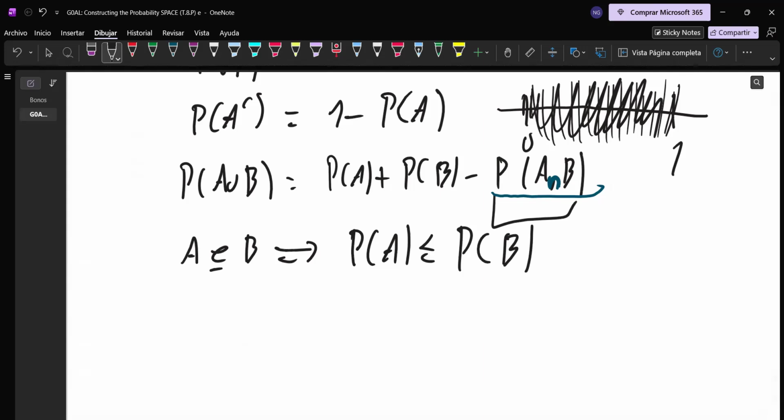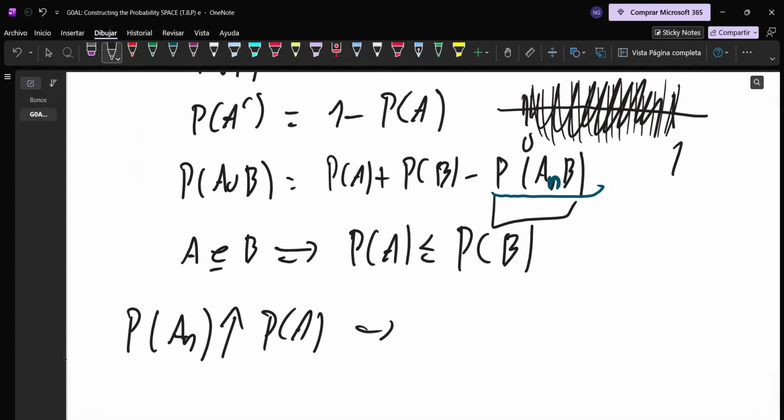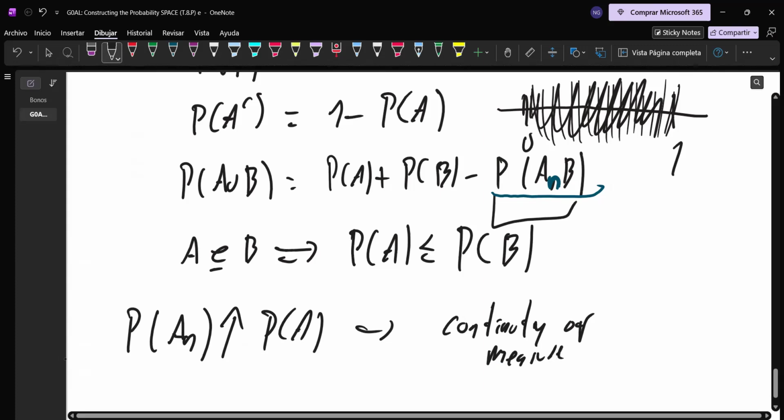If I have an increasing sequence of sets, then the probability of these sets converges to the probability of their union. This is the continuity of measure.